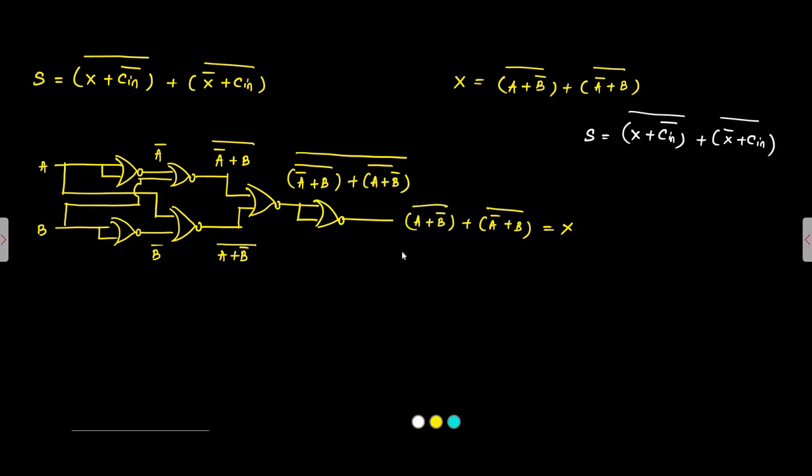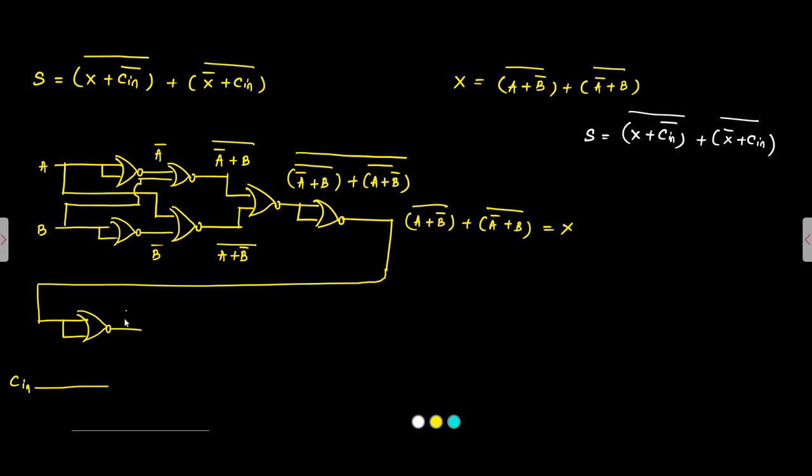So we'll take X from here, and we'll take C in. First we'll take the complement of X, which is X bar, and then the complement of C in, which is C in bar. In the same manner, we will repeat this entire thing again.